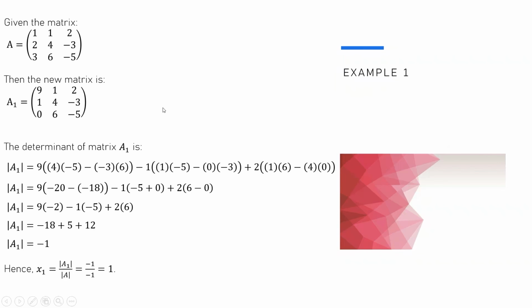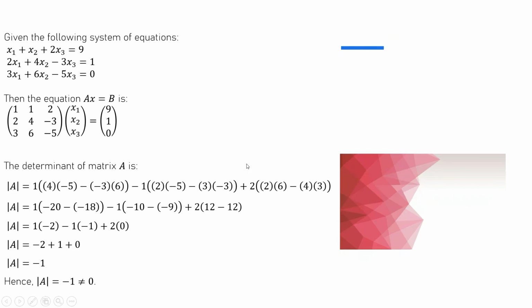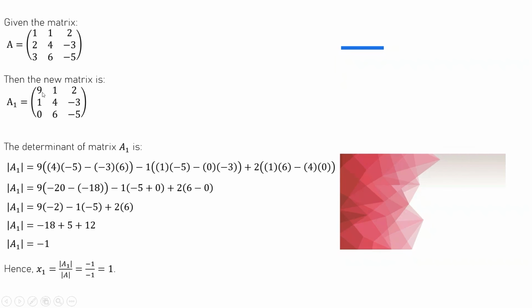As you remember, the B matrix is 9, 1, 0. By exchanging the first column with matrix B, we will have 9, 1, 0 at the first column of matrix A. We will have 9, 1, 2, 1, 4, negative 3, 0, 6, negative 5. This matrix, we will call A1.